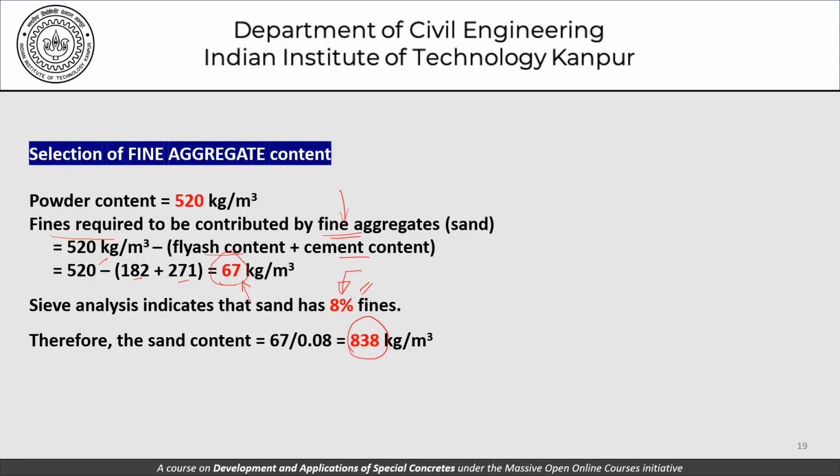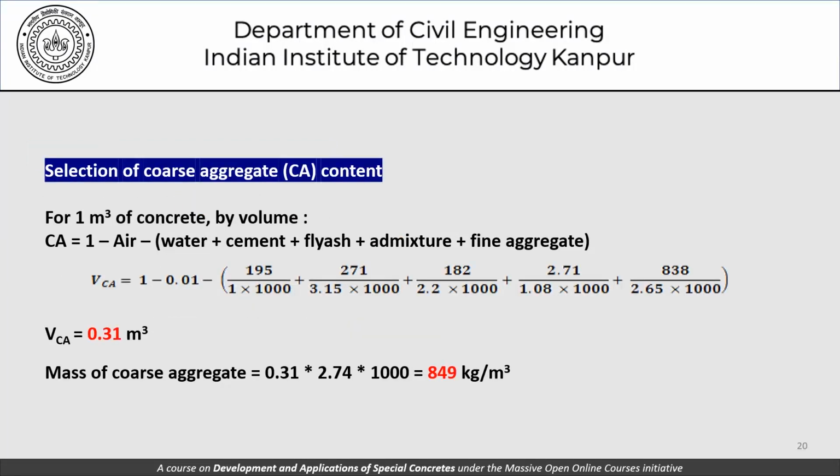Now just look at this number and try to compare it mentally with the kind of sand content that we normally encounter as far as concrete is concerned. You will realize that this value is much larger. So having said that, the coarse aggregate content is now getting fixed, because this is nothing but 1 unity minus the air content minus the content of water, cement, fly ash, admixture and fine aggregate.